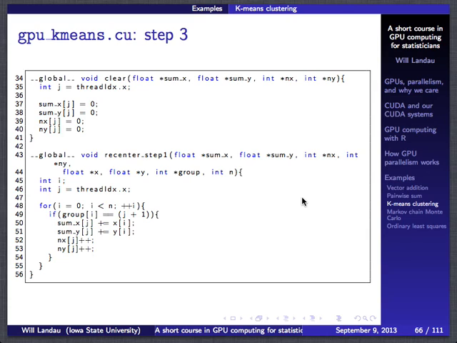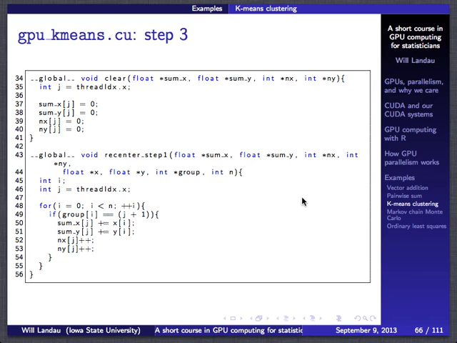So I use the function clear for that purpose. So I have these vectors, sumx and sumy. That's the sum of the x components and the y components within each cluster.